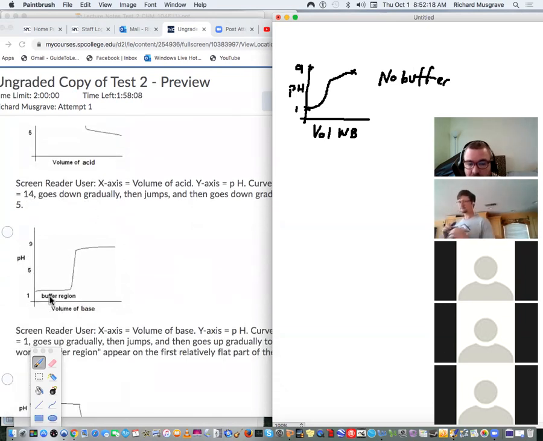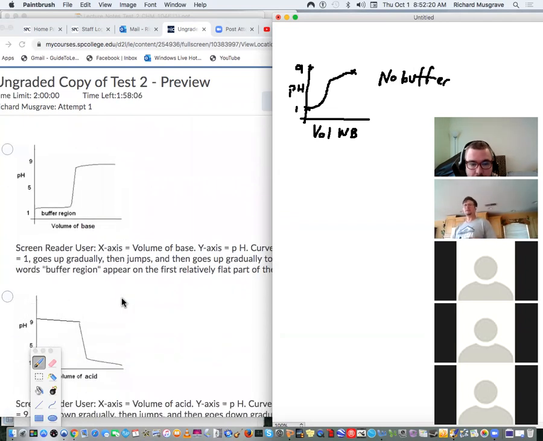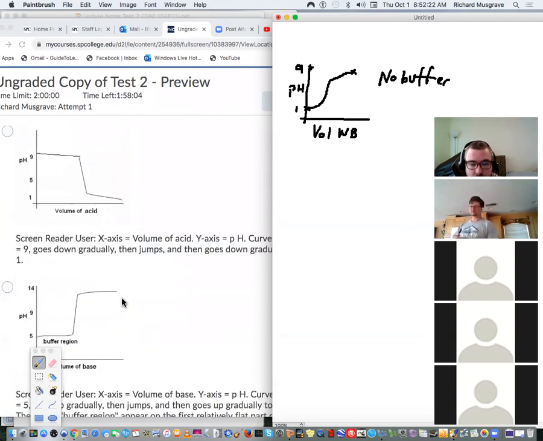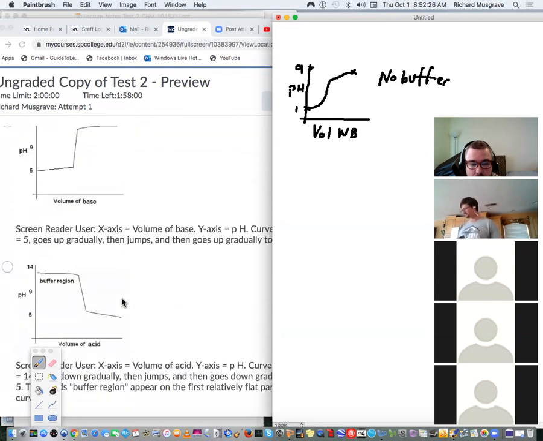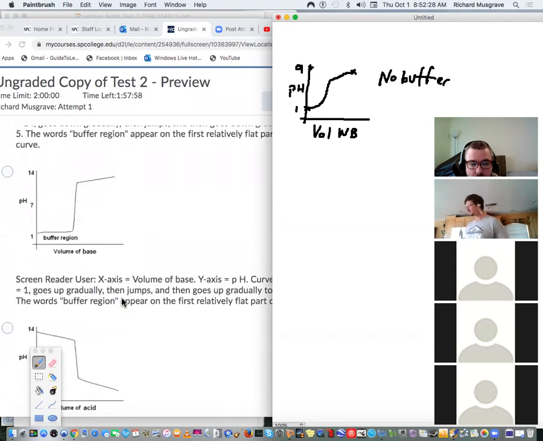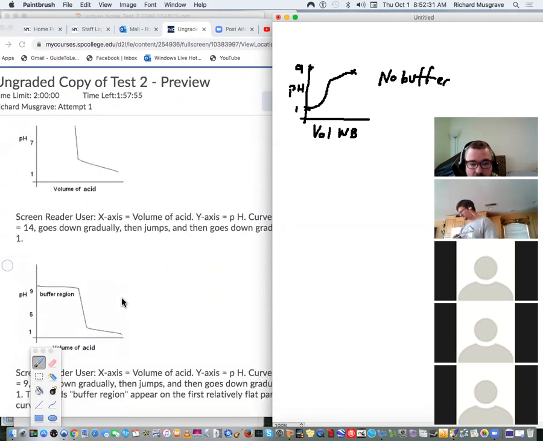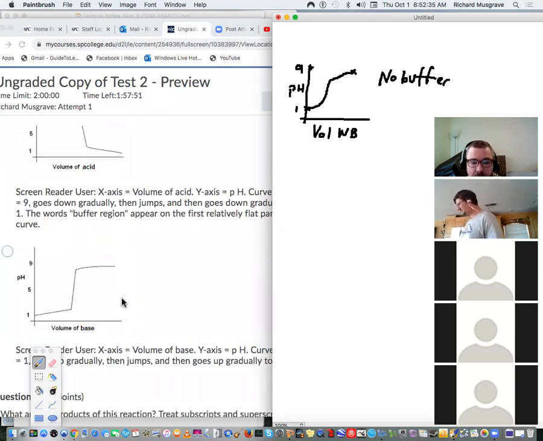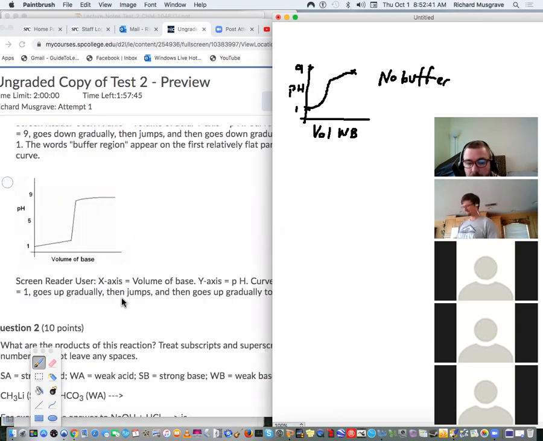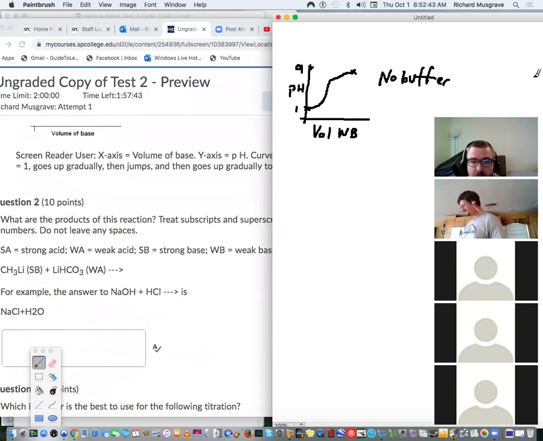So it wouldn't be that one because that one has a buffer region. A lot of answers here. And there it is. That would be the answer I'd pick. Does anybody have any questions? Okay.